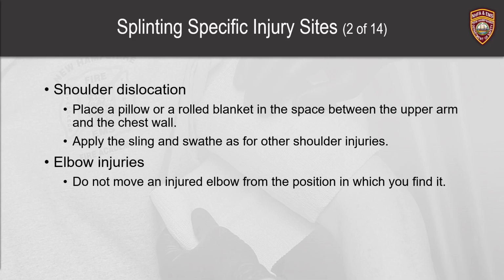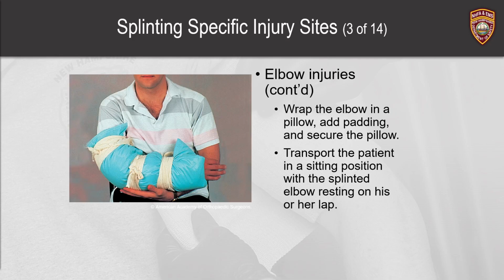For elbow injuries, don't move an injured elbow from the position in which you found it, although generally speaking, the position that you find it will be sort of that splinted position with the patient holding their arm. The elbow has to be splinted as it lies because any movement can cause additional nerve or blood vessel damage. So once it is in the position that you find it, keep it in that position.